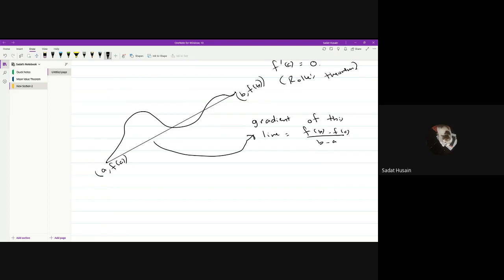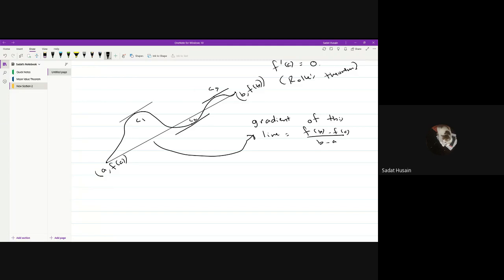Now, can we find the point on the graph where the gradient is the same as this? Look here, if we find the gradient here, or if we find the gradient of the tangent here, this is one of my c's, this is another c, this is another c, right?